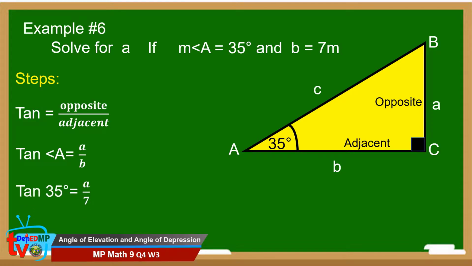Using our calculator, press 7, then press tangent, then press 35, and press equals. Answer? Excellent! It is 4.90 or 4.9. It means that the measure of the opposite side of the angle is 4.9 meters.